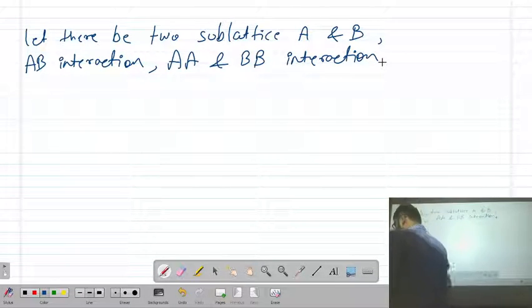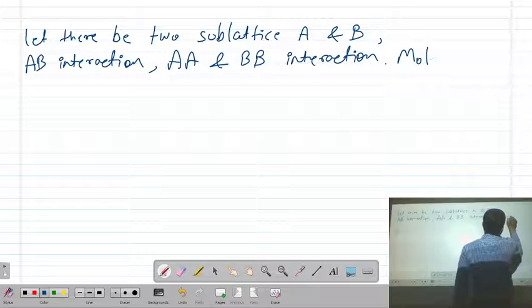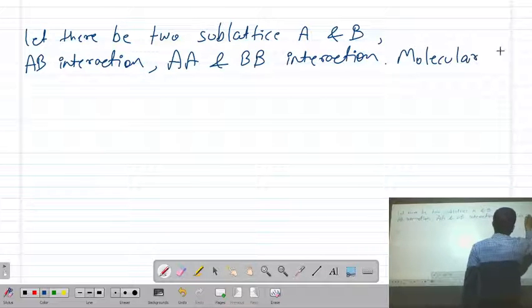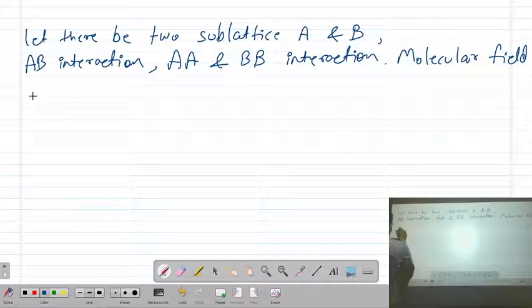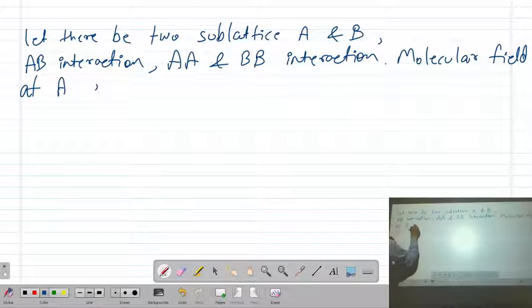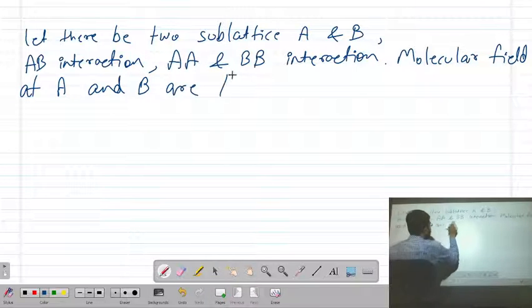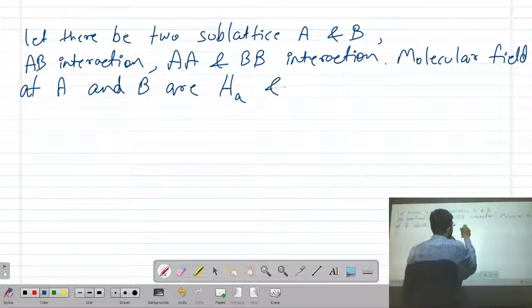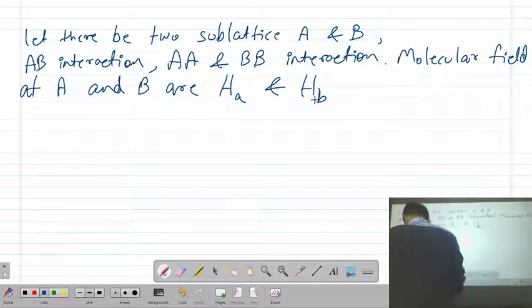Now, for the molecular field, let the molecular fields at A and B be H_A and H_B.